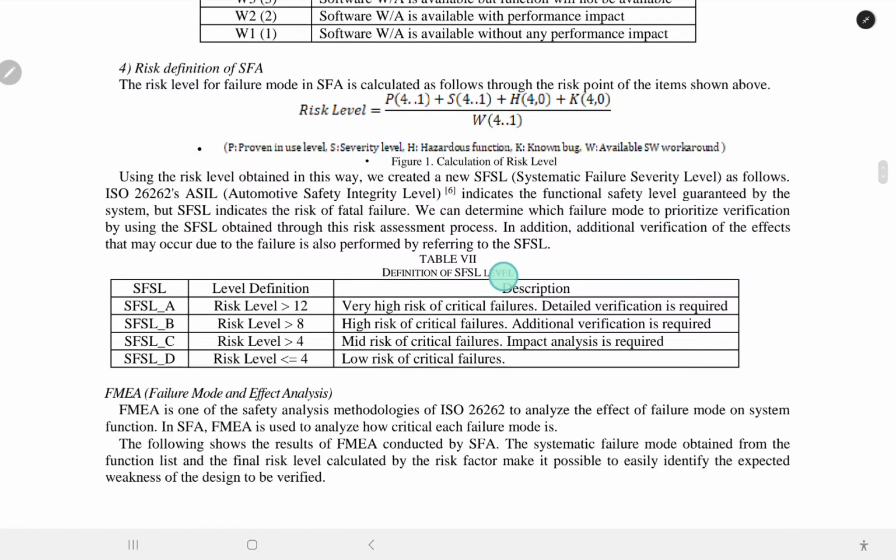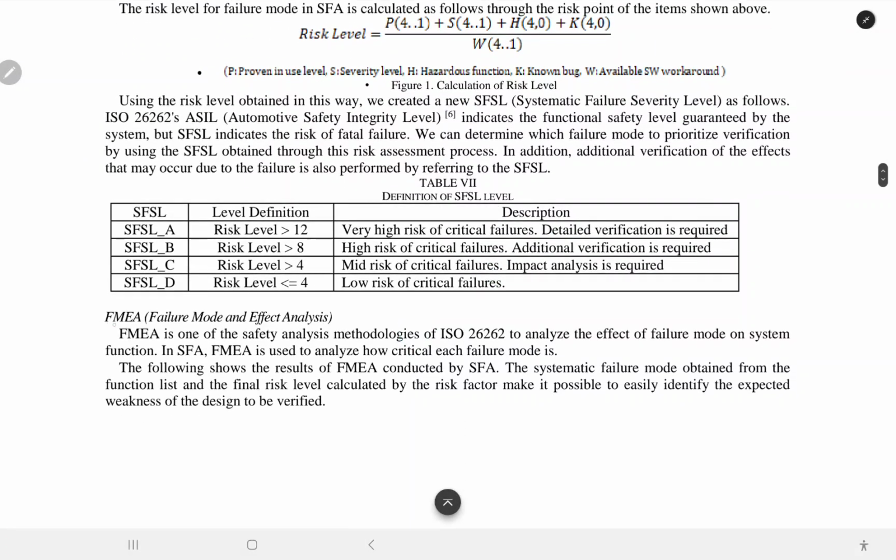Okay. The FMEA, failure mode and effect analysis. FMEA is one of the safety analysis methodologies of ISO 26262 to analyze the effect of the failure mode on system function. In SFA, FMEA is used to analyze how critical each failure mode is.